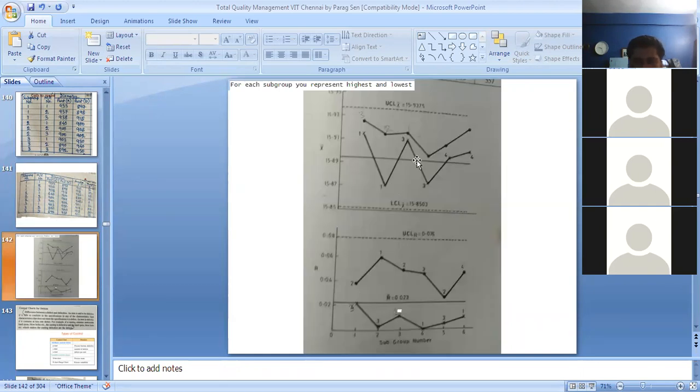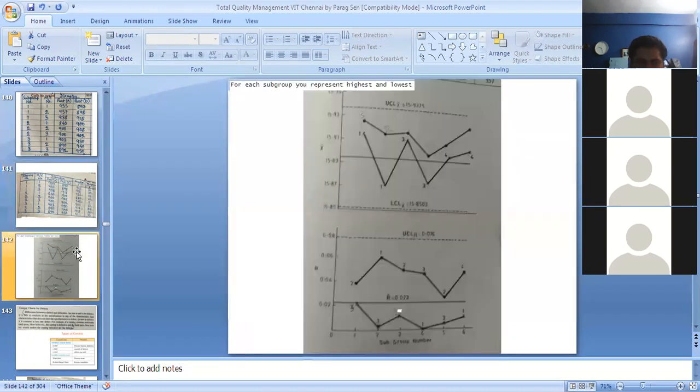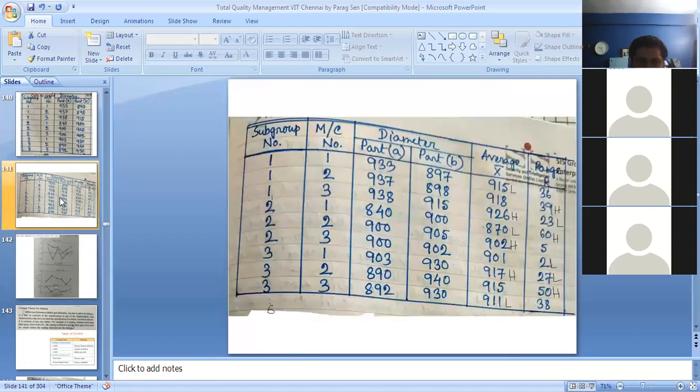Now here, 1 means you are plotting the data for the first machine, because this is the lowest data. You are only plotting the lowest data and the highest data.